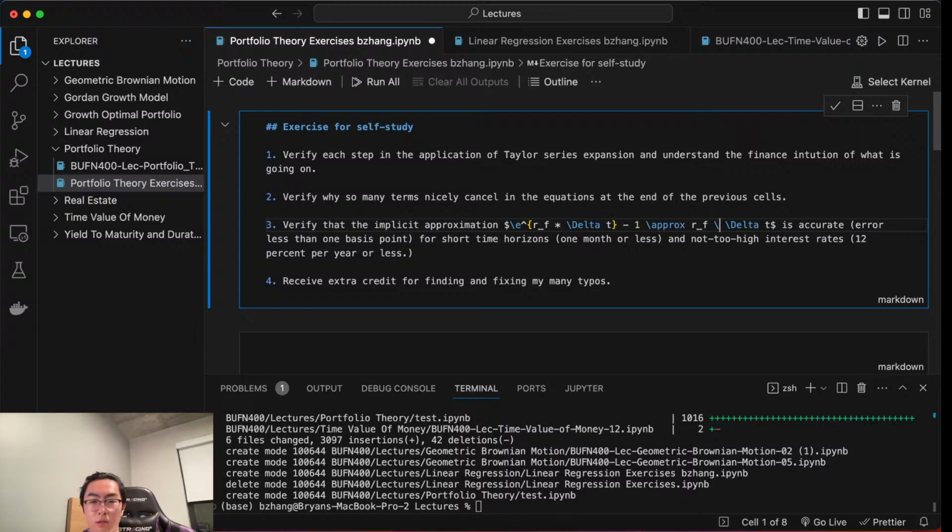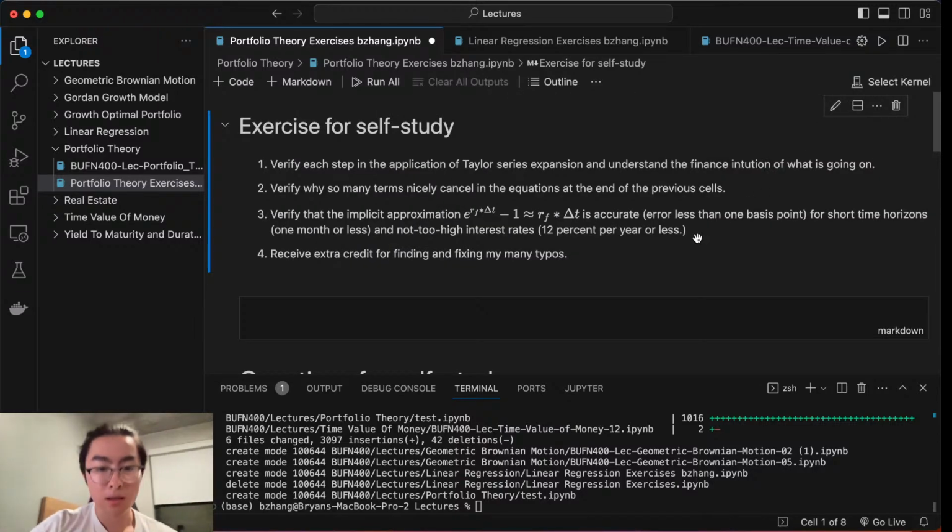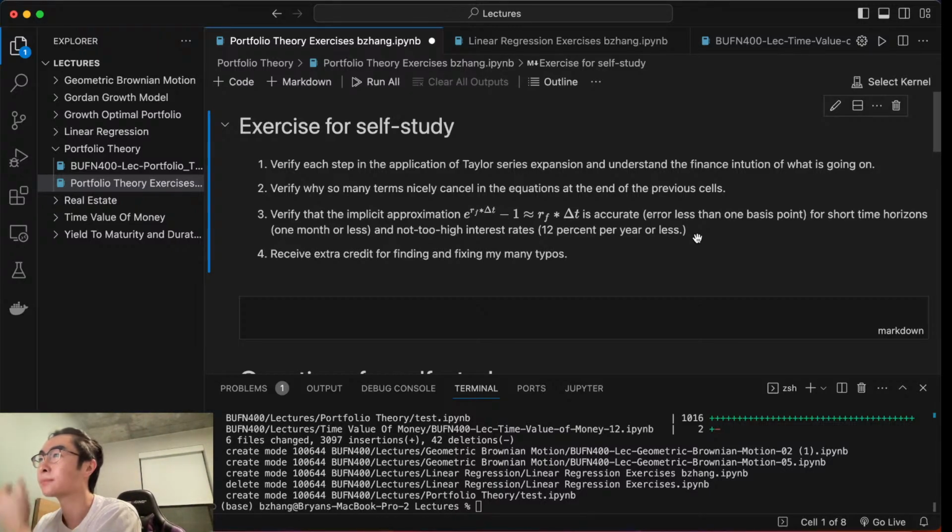Scalar multiplication. Delta t denotes a very short period of time.